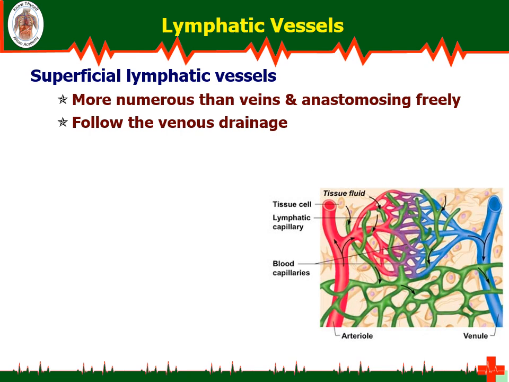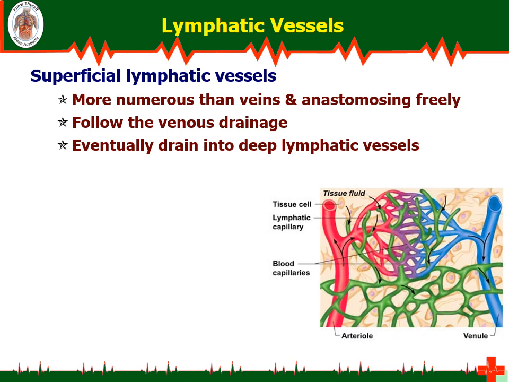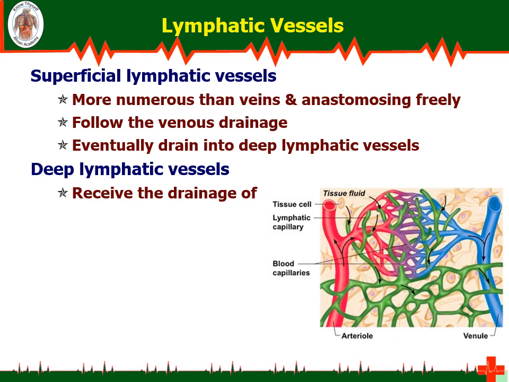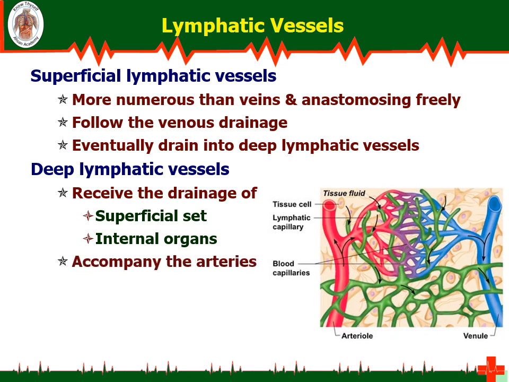They follow the venous direction and eventually drain into the deeper vessels. The deep lymphatic vessels receive these superficial sets of lymph and also receive from different organs. They usually accompany the arteries.